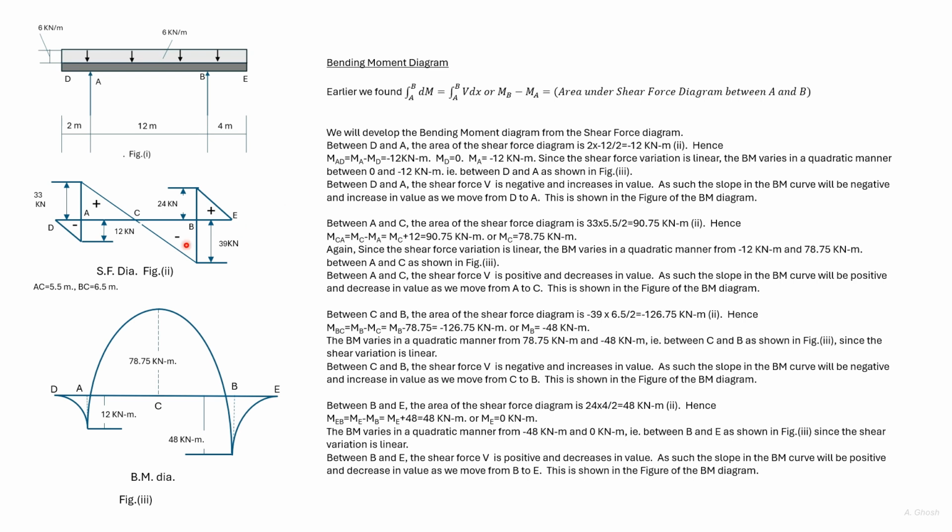The variation of shear force between C and B is linear, so the variation of bending moment between C and B is quadratic. In the shear force diagram, we are in the negative region, so the slope between C and B would be negative.